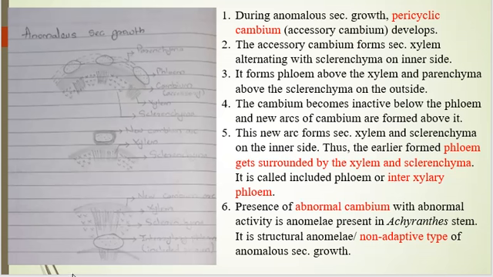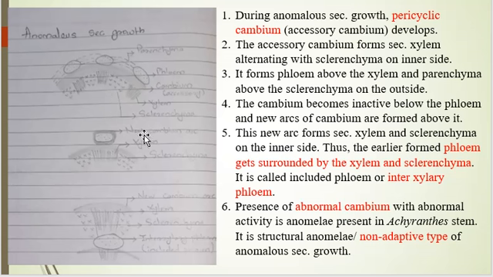In the accessory cambium, on the outer side the phloem is present and between two phloem there is the parenchyma present. Below phloem there is the accessory cambium, and below the cambium on the inner side there is the xylem, and again in between xylem there is the sclerenchyma present.